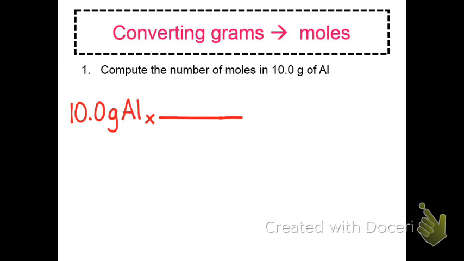Now remember we talked about how we always put what we're trying to get rid of on bottom. And if you look at our mole map, if you go back and you look at your notes, you'll see that this is a one step to go from grams of something to moles of something. There's one path. So moles is going to go right here on top. Okay.